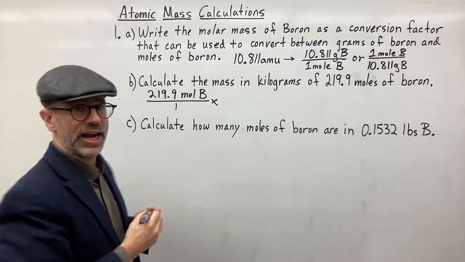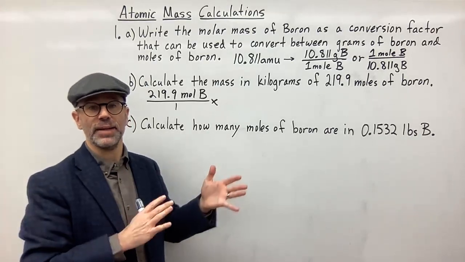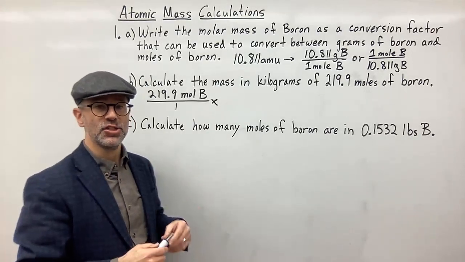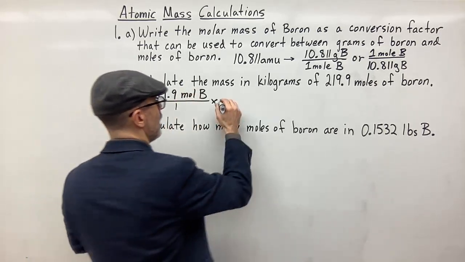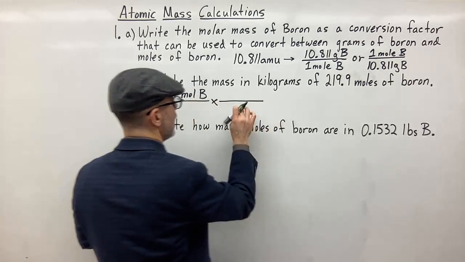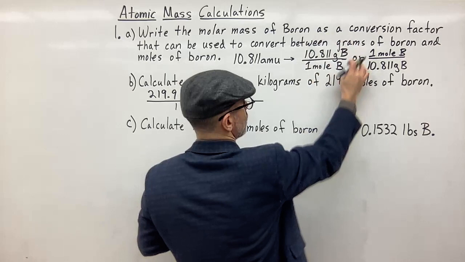To get to kilograms, we need grams first. To go from moles to grams, we've got to use the molar mass. Since we have moles on top here, we have to use the conversion factor that has moles on the bottom.